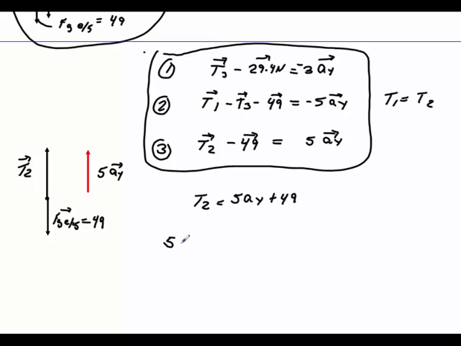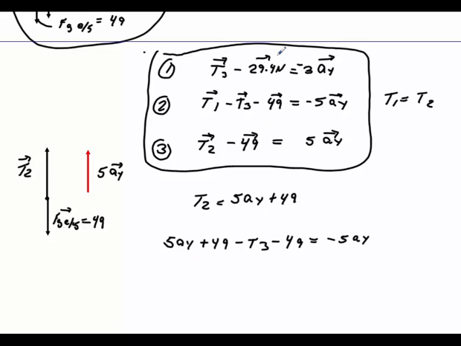So using the second equation, I can say that 5 times the acceleration of y plus 49 minus T3 minus 49 must equal minus 5 times acceleration times y. What I'm going to do here is solve for T3.